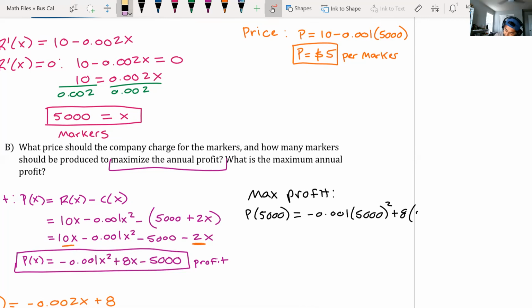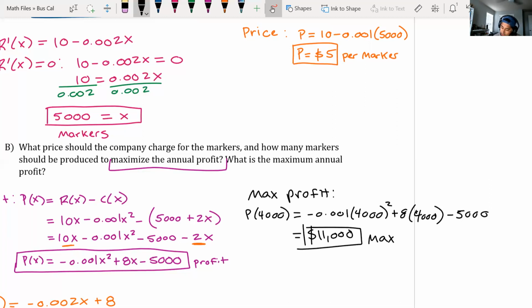I was going to say 5,000, but it's 4,000, right? Keep you on your toes. There you go. Minus 5,000. Okay, plug that in. Let's see, negative 0.001 times 4,000 squared plus 8 times 4,000 minus 5,000. I get $11,000. So this is max profit.